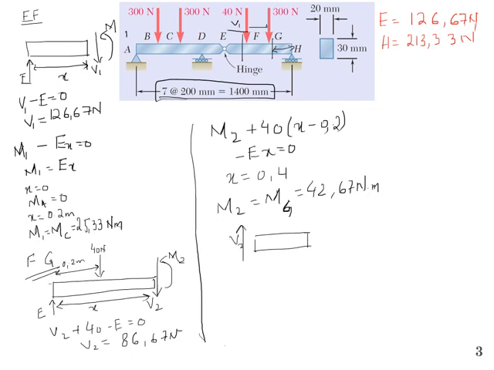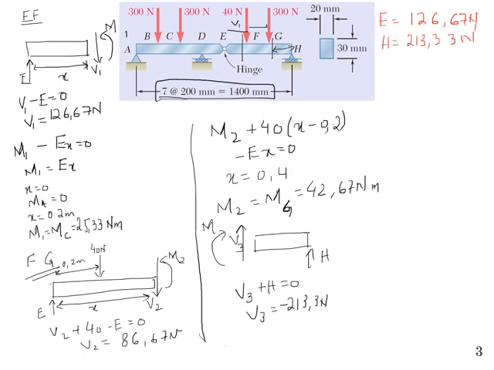So let me write V3, and M. We have a force H acting in the upward direction. So V3 plus H is equal to 0, and V3 is equal to minus H, and I know the value, that will become 213.3 Newton.